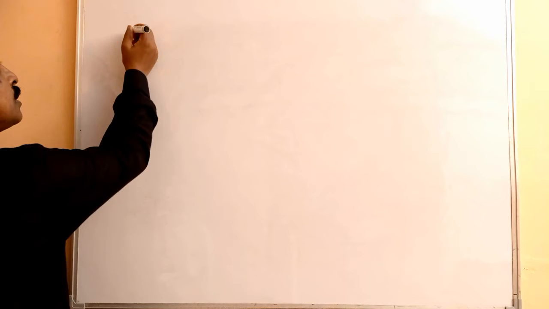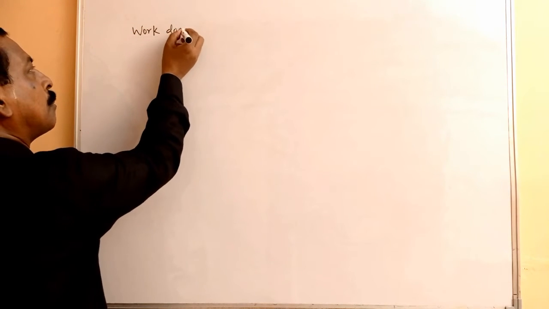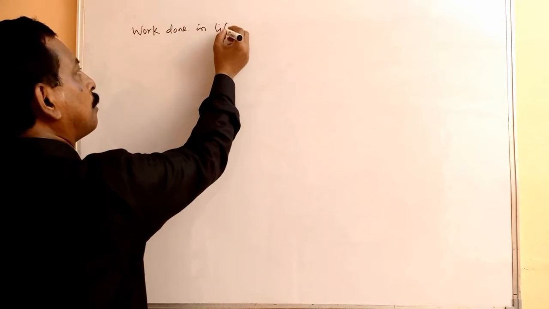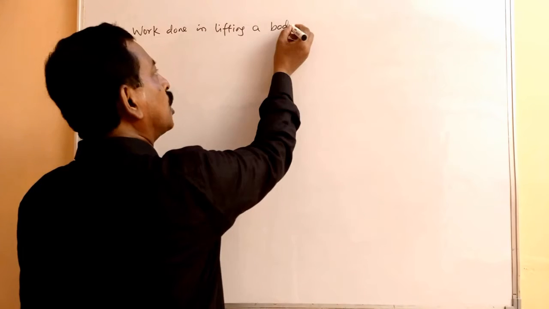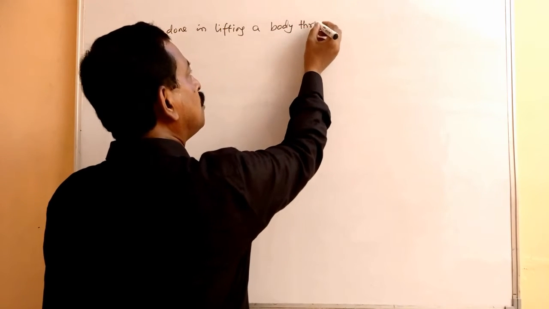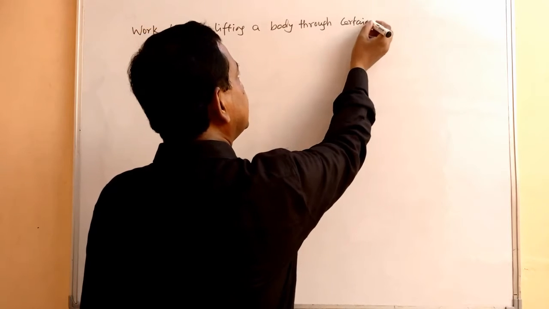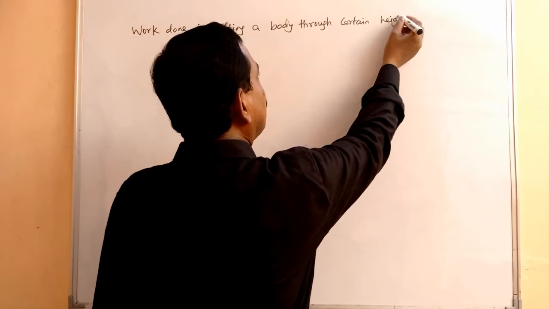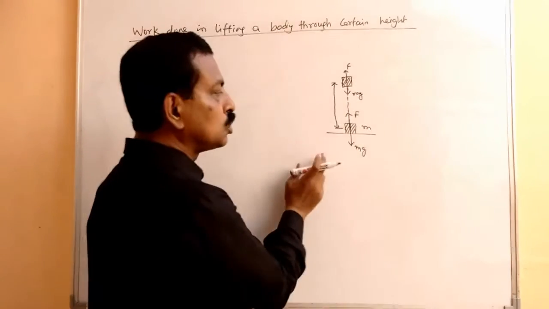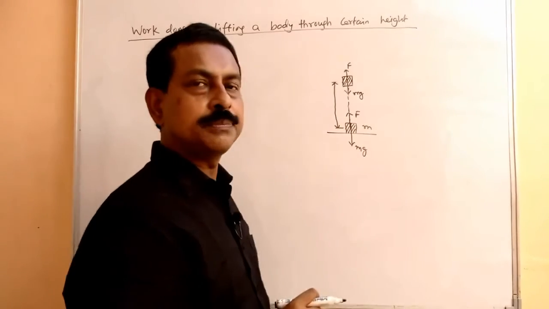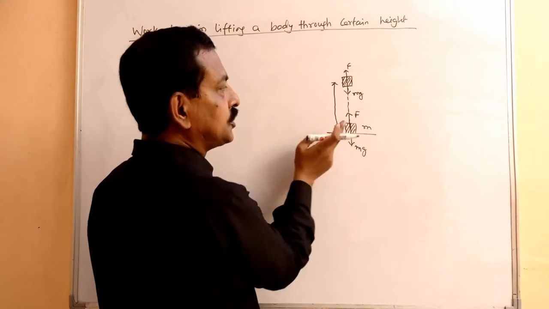So we are taking work done in lifting a body through a certain height. Suppose m is the mass of the body which is lifted through height h.